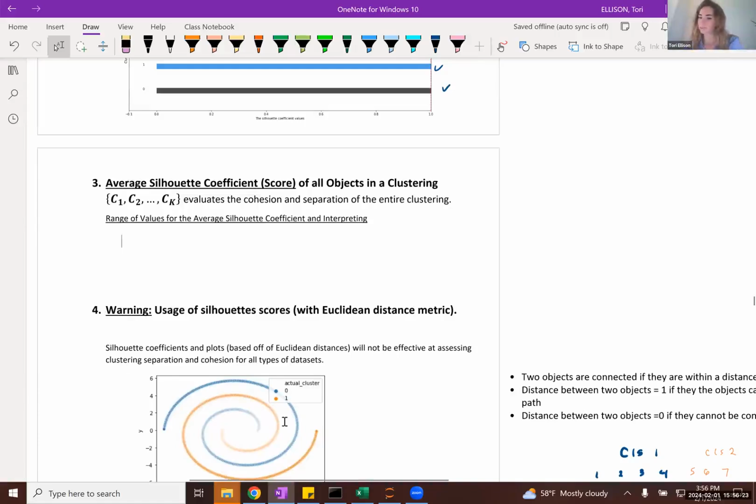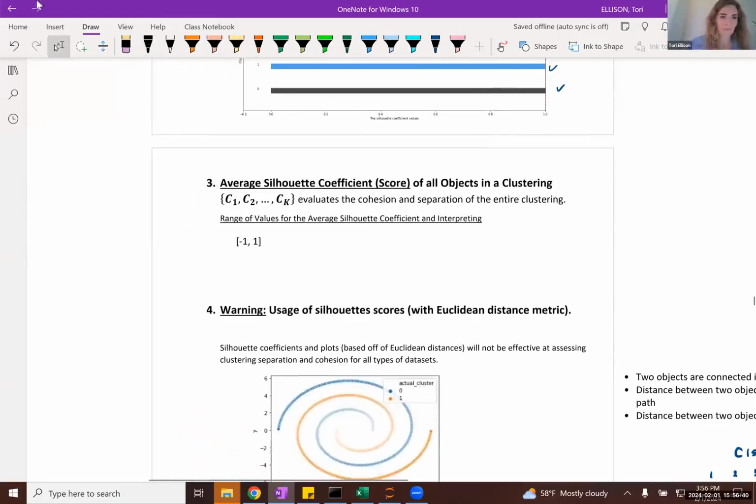Because each individual silhouette score can range between -1 and 1, the average silhouette score naturally can also range between -1 and 1. Specifically, if you get an average silhouette score of 1, then, as you might guess, the clustering has perfect cohesion and separation.